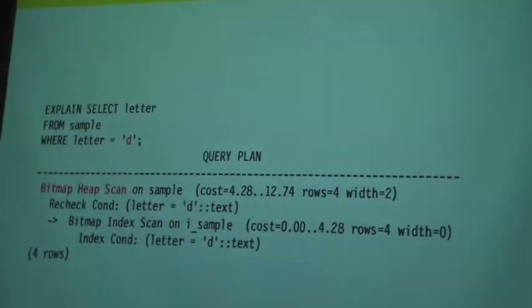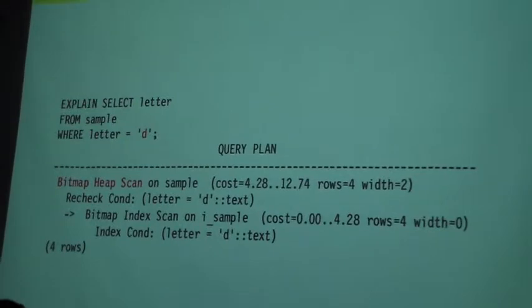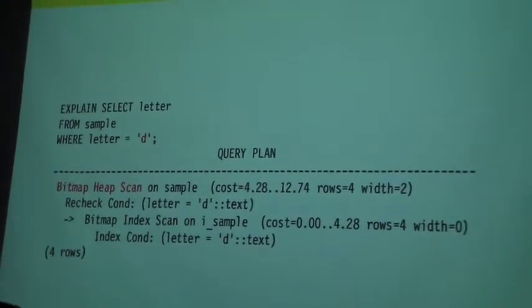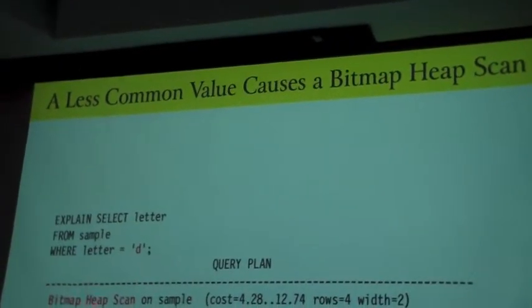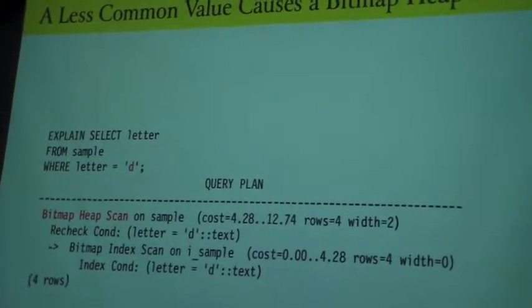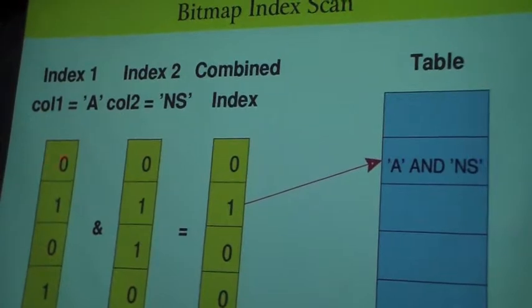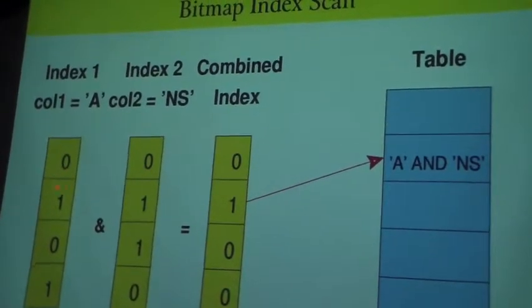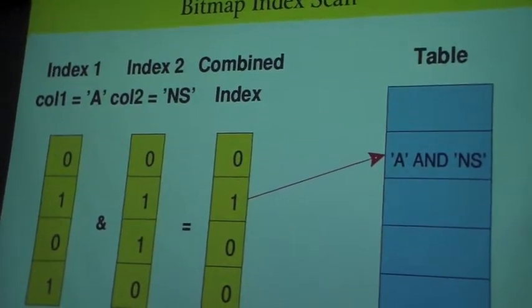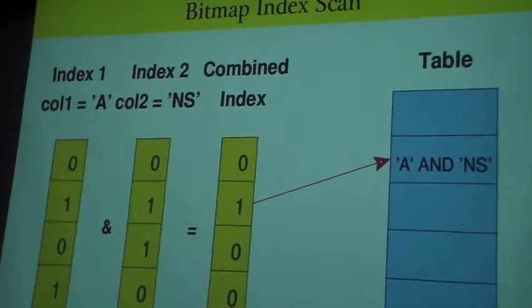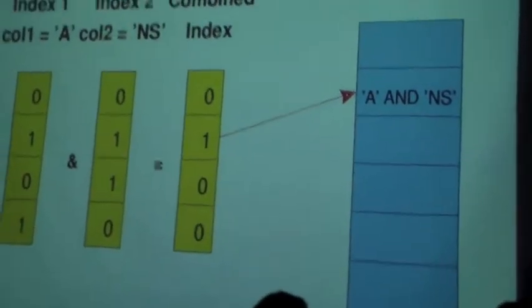What happens if I do a D? I have 4 of those. D ends up giving me something different: what's called a bitmap heap scan. Sounds kind of weird, but what it's effectively doing is going through the index and creating a bitmap that tells me where I can potentially find matching rows in the heap.